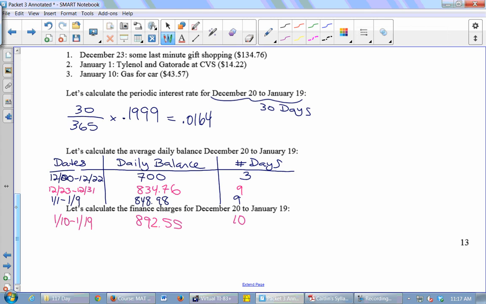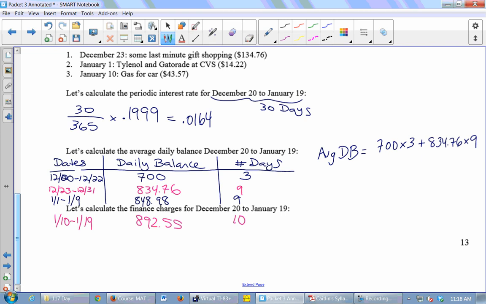All right, so then to calculate my average daily balance, what I'm supposed to do is add up my balance each day and then divide by the number of days. But my balance is the same for big chunks of time, so I'm going to say my average daily balance is 700 times 3, the 3 days my balance was $700, plus 834.76 times 9, because that was my balance for 9 days.